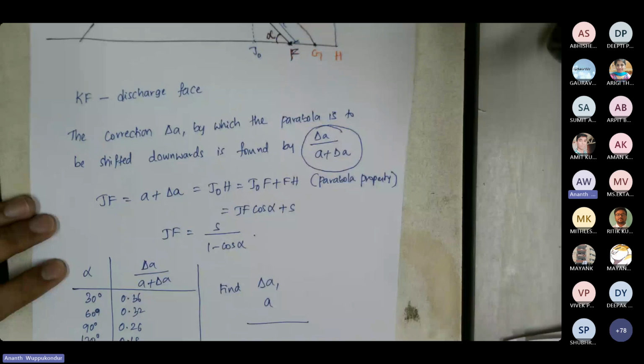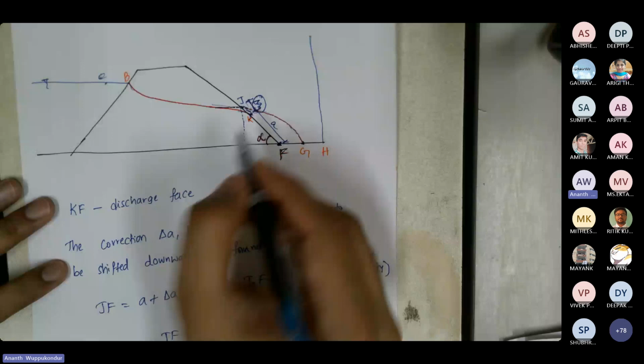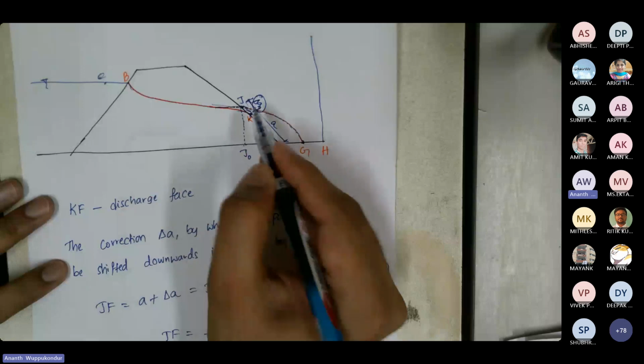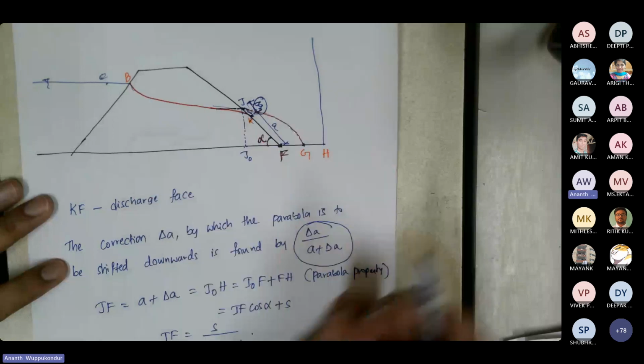So what we do is find JF first. J is a point on the parabola, and F is the focus of the parabola.